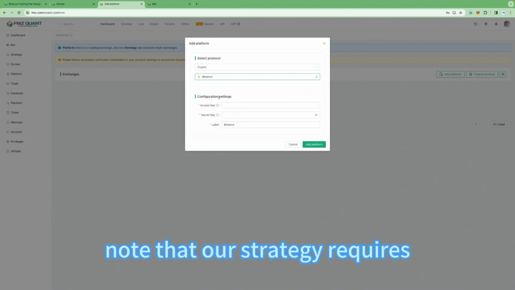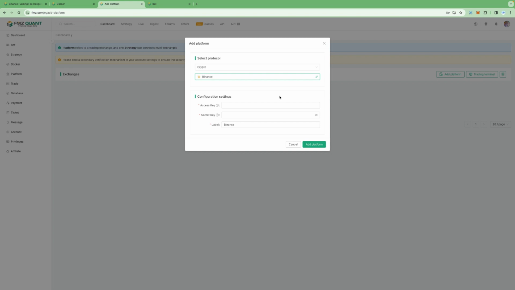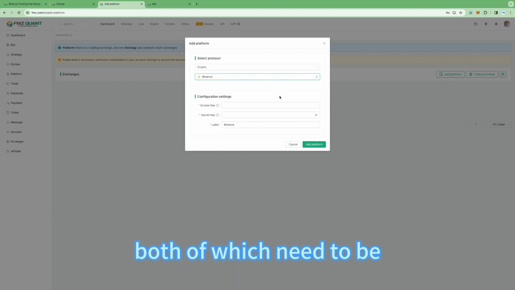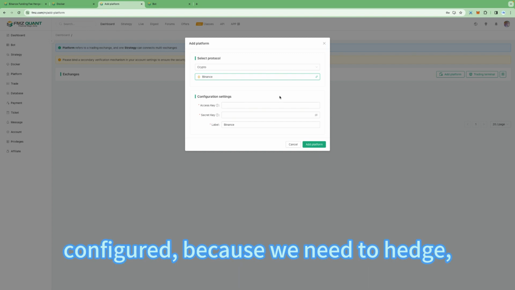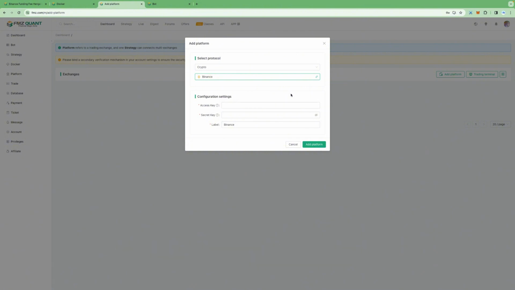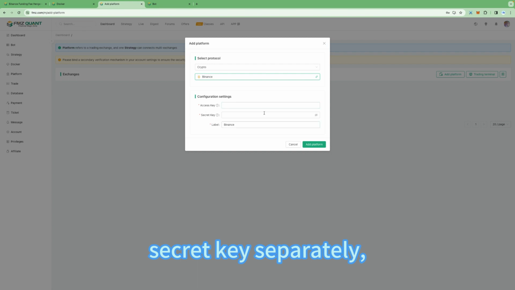Note that our strategy requires adding two exchange objects, Binance Futures and Spot, both of which need to be configured because we need to hedge short futures and long spot. Next, we will fill in the corresponding access key and secret key separately.